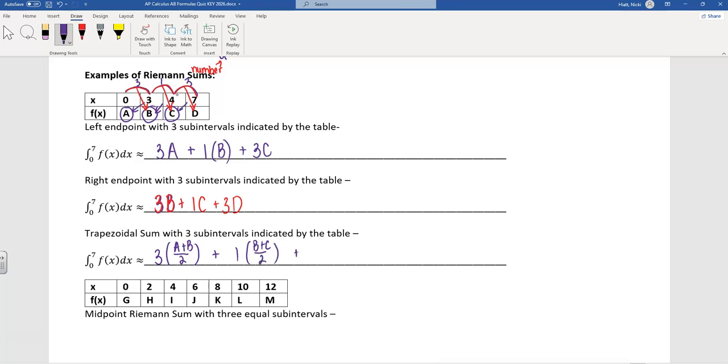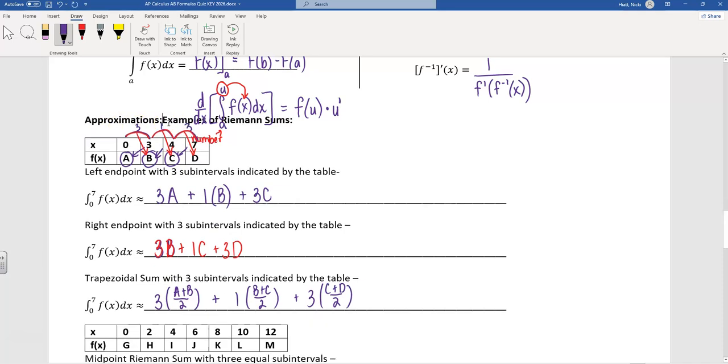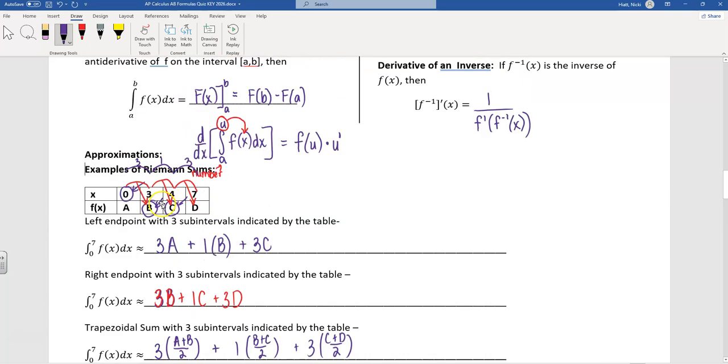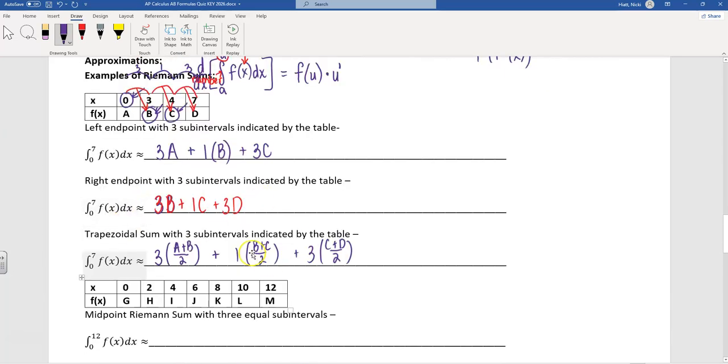And then we would have 3 times C plus D over 2. So now I've got the spacing off on everything. It's not on the same line as it should be.